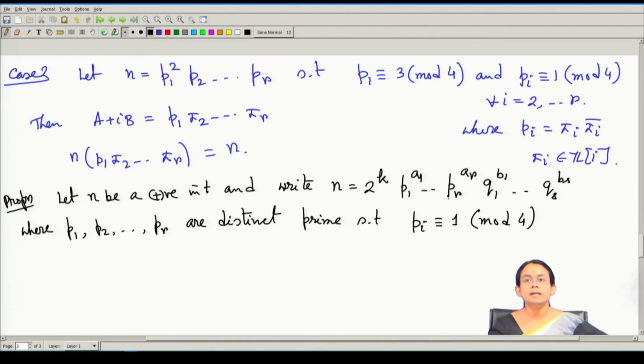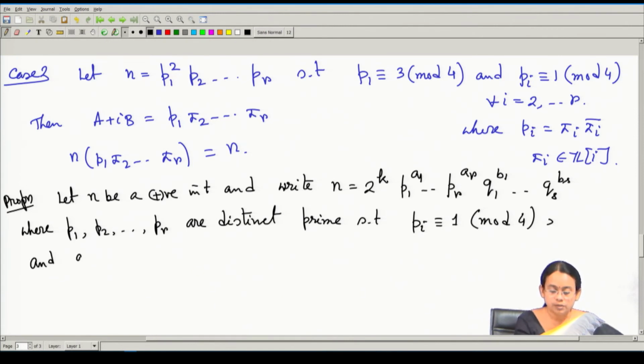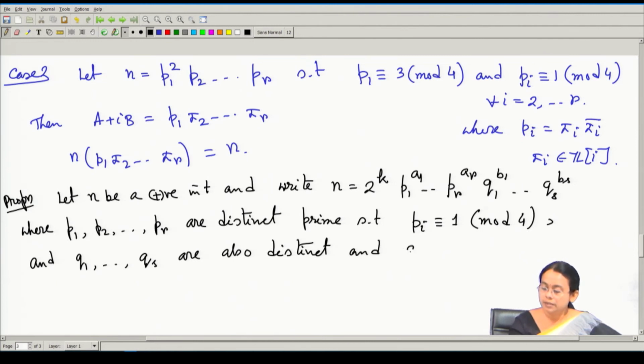So, all these pi's I am assuming to be distinct and all of them congruent to 1 mod 4, and these qj's are also distinct, and these qj's are congruent to 3 mod 4.